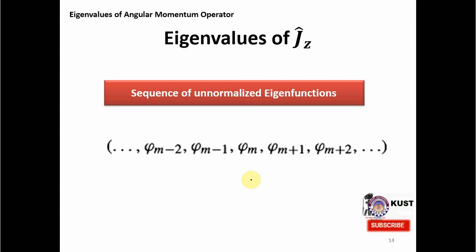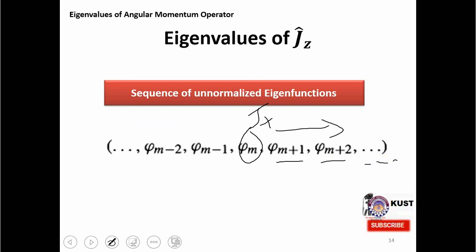Starting with phi m in the middle, with the ladder operator, for example j plus, you move up here and you get phi m plus 1, the first up value, and the second, and so on you go. And with j minus, you go down and reduce the values with m minus 1 and m minus 2 and so on. So this whole sequence of unnormalized wave functions is constructed, and you can move around in it with the help of ladder operators.